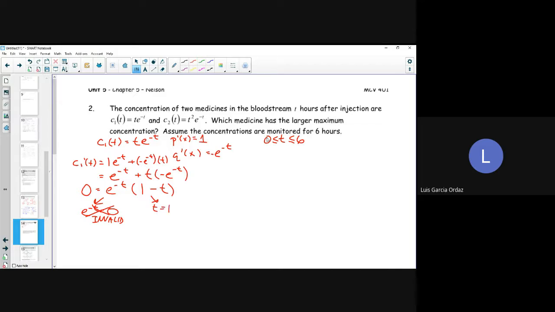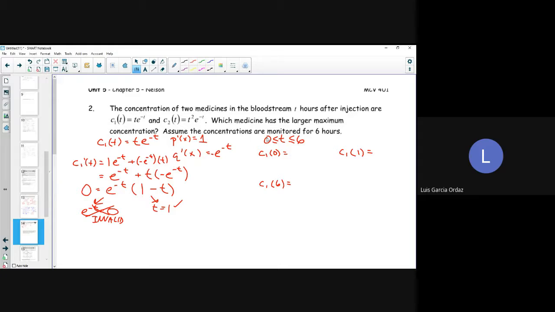Does that fall within my domain? Yeah. So I can take T is equal to 1. So now I need to evaluate C1 at 0. I need to evaluate C1 at 1. And I need to evaluate C1 at 6.